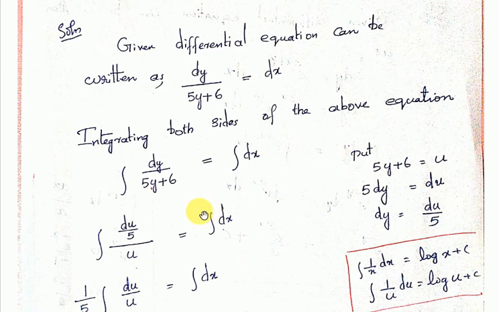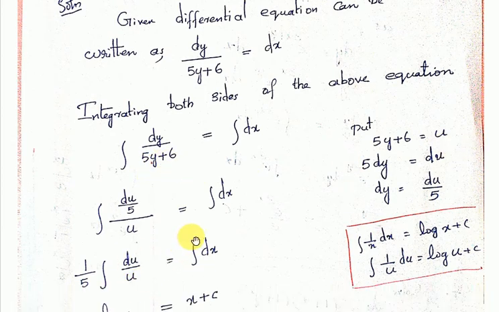For doing the integration, we have to give the substitution 5y plus 6 equal u. 5 is a constant, so 5 dy, plus 6 is a constant, whose derivative becomes 0. Now the y variable here is equal to u, du. So 5 dy equal du and dy equal du by 5.